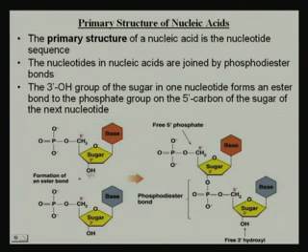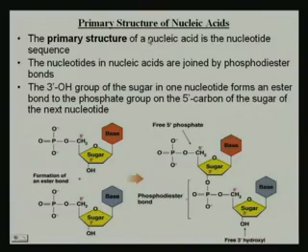Now, when this type of linkage is taking place, one nucleotide is getting attached to another nucleotide. This phosphate, when it comes to the next nucleotide, links to the third carbon of the sugar moiety of that nucleotide, and in this way the chain is formed. This chain is called the primary structure of the nucleic acid.